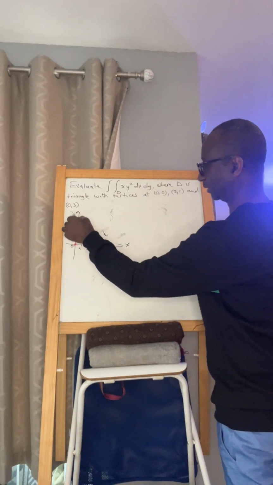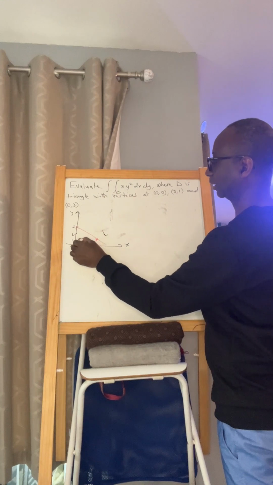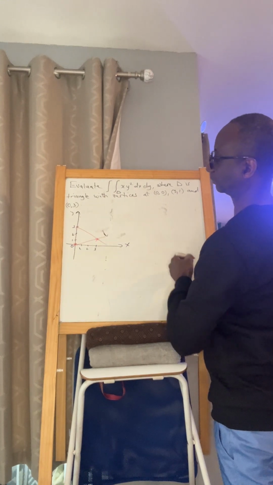You know, it's a triangle, isn't it? This way, this way. So we have a line that goes from here to here, and another line that goes from here to here.